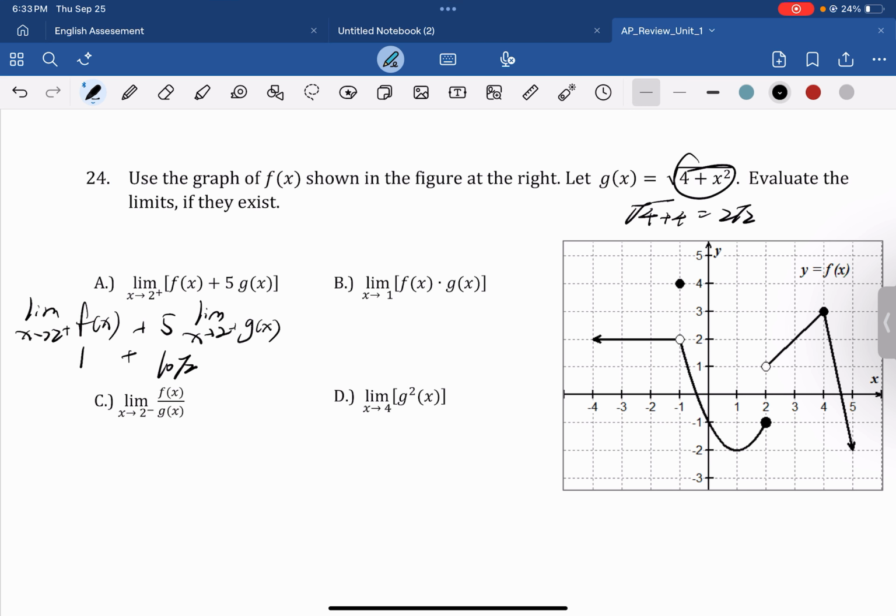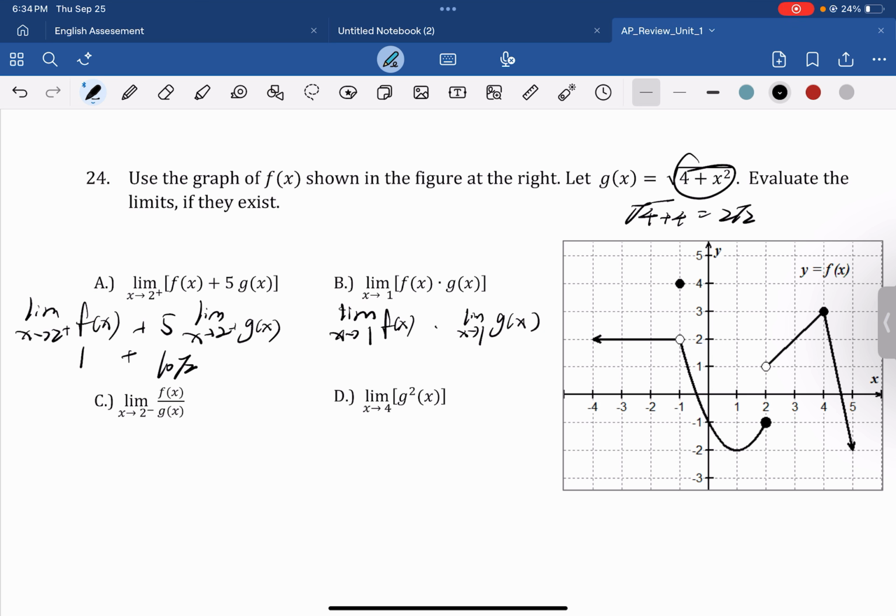For part B, the limit as x approaches 1 of f of x times g of x. So with the same property, we pull them out: the limit as x approaches 1 of f of x times the limit as x approaches 1 of g of x.